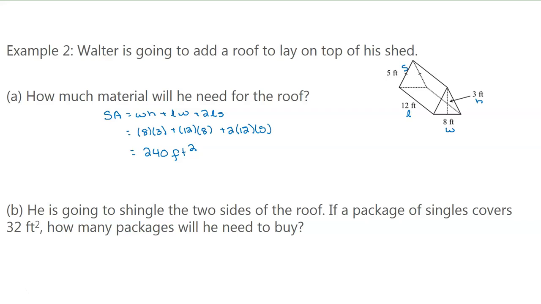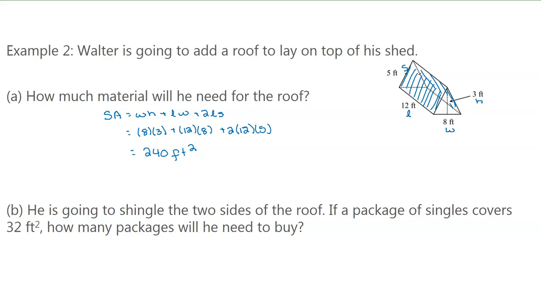Now B says he's going to shingle the two sides of the roof. Let's see this side here and the other side. If a package of shingles covers 32 square feet, how many packages will he need to buy? Well, this is why we need to know what each variable in the formula represents.